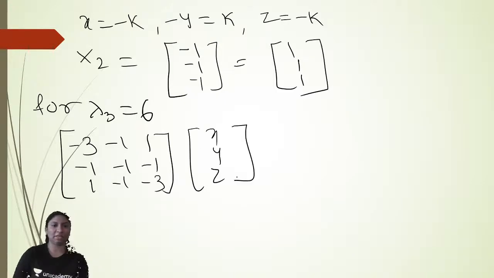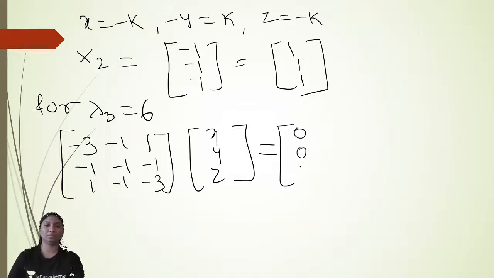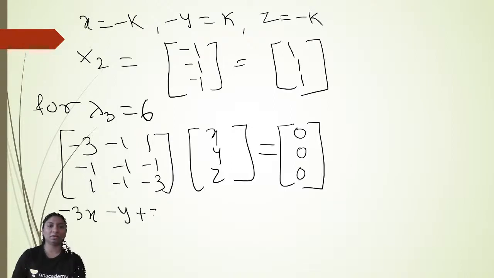X, Y, Z is equal to 0, 0, 0. Okay. So minus 3x minus y plus z is equal to 0. Minus x minus y minus z is equal to 0.